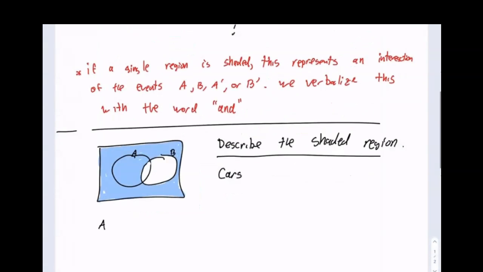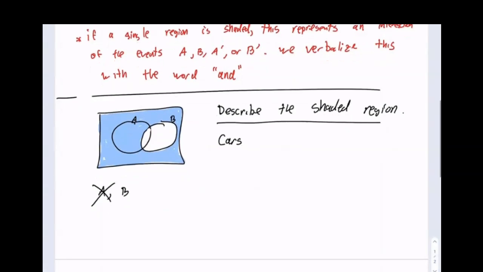So there's events A and B. A does not matter in this shading. But this region right here, we can describe the shaded region as just B prime. That's what this region represents. This is the shaded B prime.